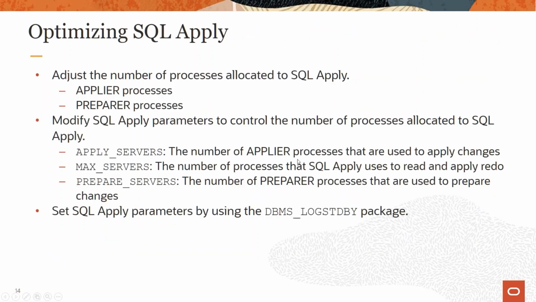Now let's take a look at the logical standby database. We learned that a group of processes work together to synchronize the standby database. For example, once the redo is received and stored in the standby redo log file, the reader process is responsible for scanning redo in the standby redo log file.